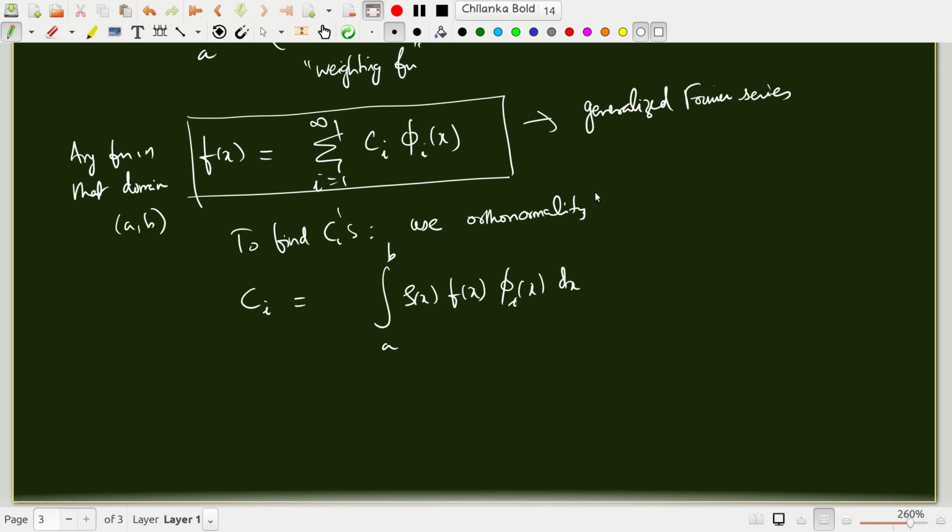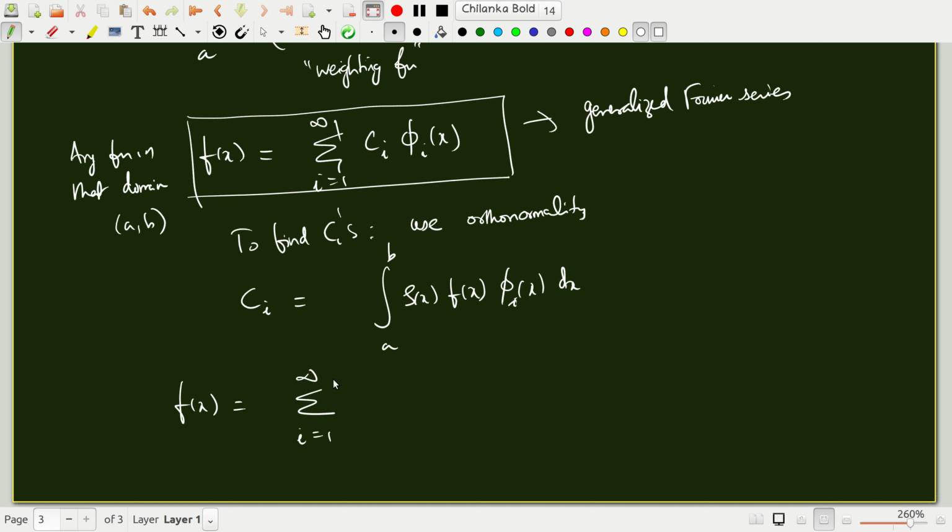Okay, so if I substitute this ci back in here, I'll get f of x is equal to summation i equal to 1 to infinity. Instead of ci, I'm going to have this, but I should not use x twice in an expression. This is integrated over, so I use a dummy variable: rho of z f of z phi i of z dz, then phi i of x.